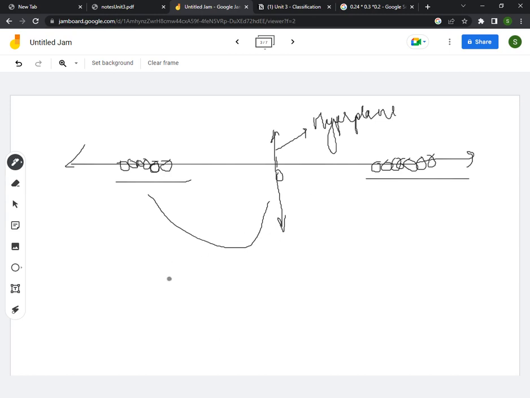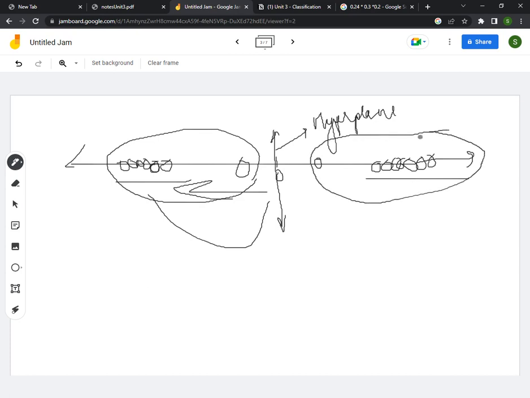If a data point comes here in the number line, we can easily say that this data point belongs to this group. If it comes here, we can say that it belongs to this one. Just because of the hyperplane that we have drawn using the support vector, we can easily classify the data points.